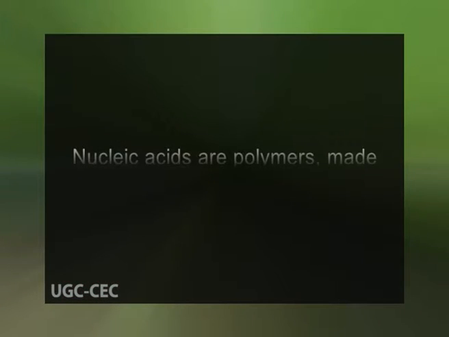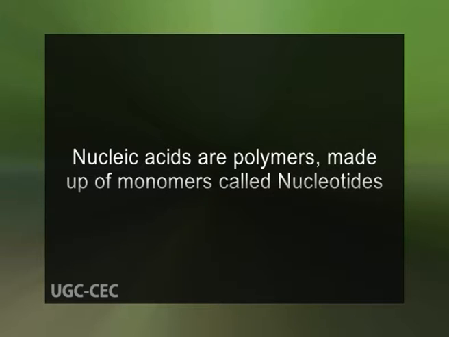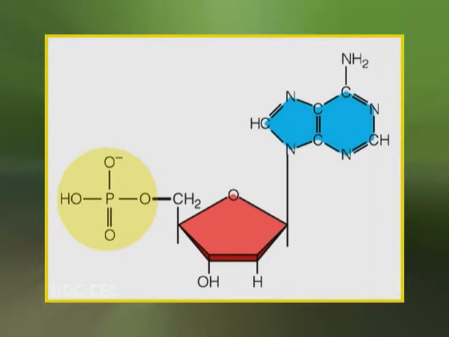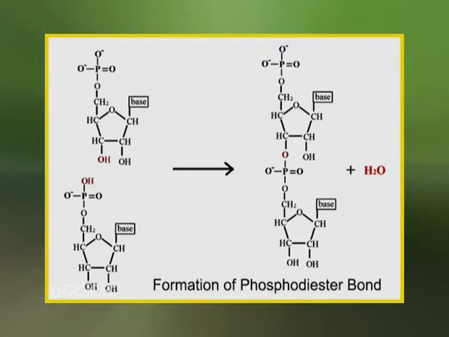Like other macromolecules, nucleic acids are polymers made up of monomers called nucleotides. Each nucleotide has 3 parts: a phosphate group, a 5-carbon sugar and a nitrogenous base. The phosphate group of one nucleotide is linked to the sugar of the adjacent nucleotide in a phosphodiester bond.